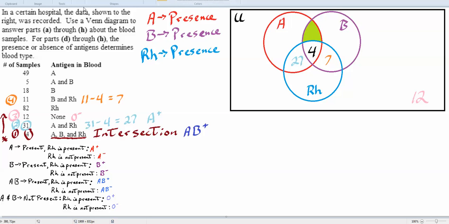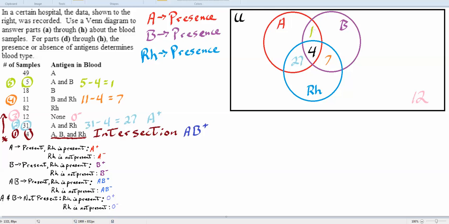And we're going to do that by first looking at A and B, which is going to be 5. So this will be our 5th step. Just so happens to be coincidental that there are 5. So we will take the 5 that we have here and we'll subtract the 4 that are already in that region, and we'll end up with 1. So this is going to be the value that we put in right here, which will be 1.